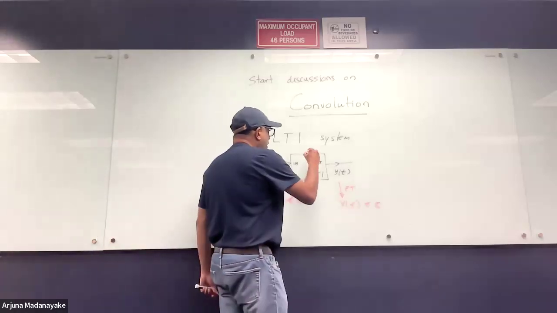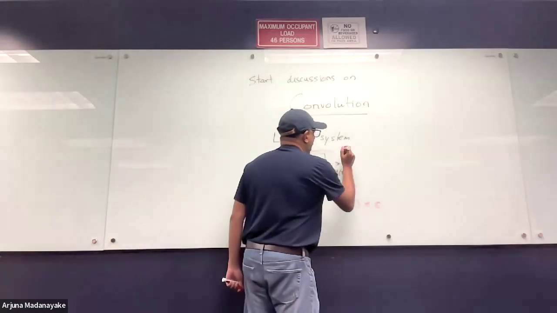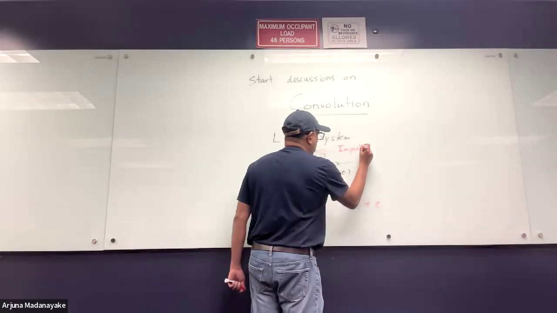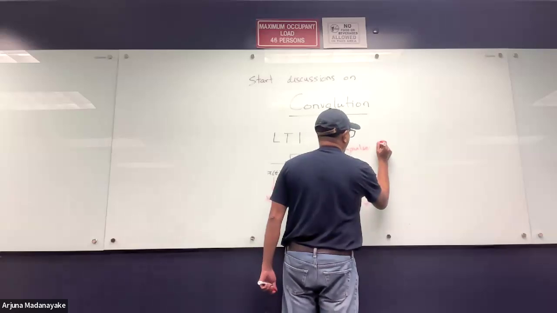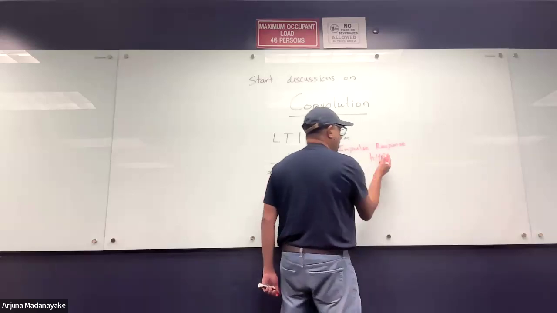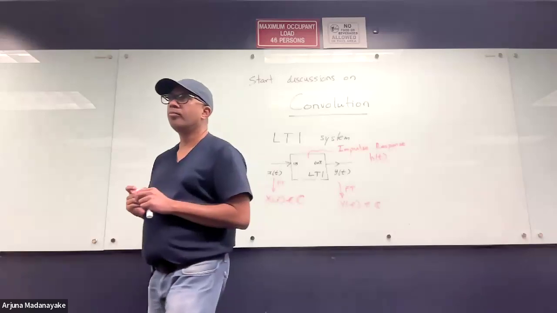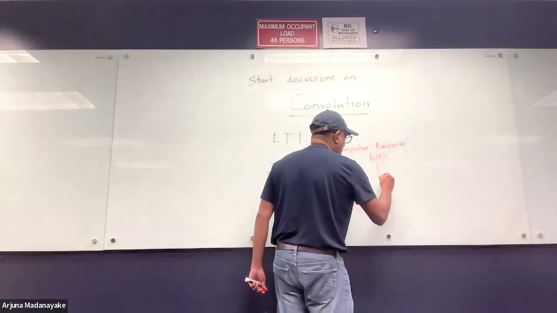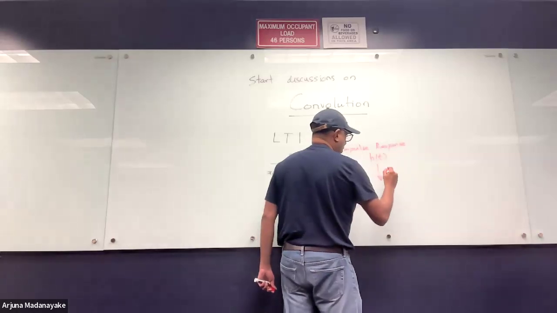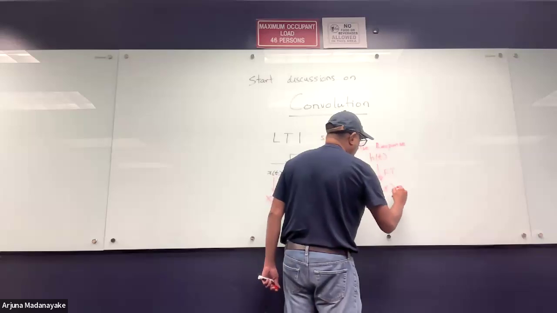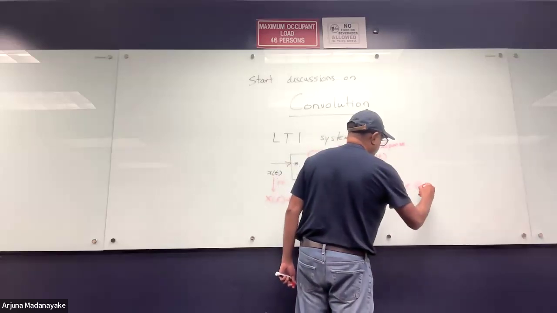This system has something called an impulse response. We'll come to that. By convention, we call it h of t. It's just a time function. I can take this time function, the impulse response, and compute its Fourier transform, and I get a corresponding frequency domain function, capital H of f.